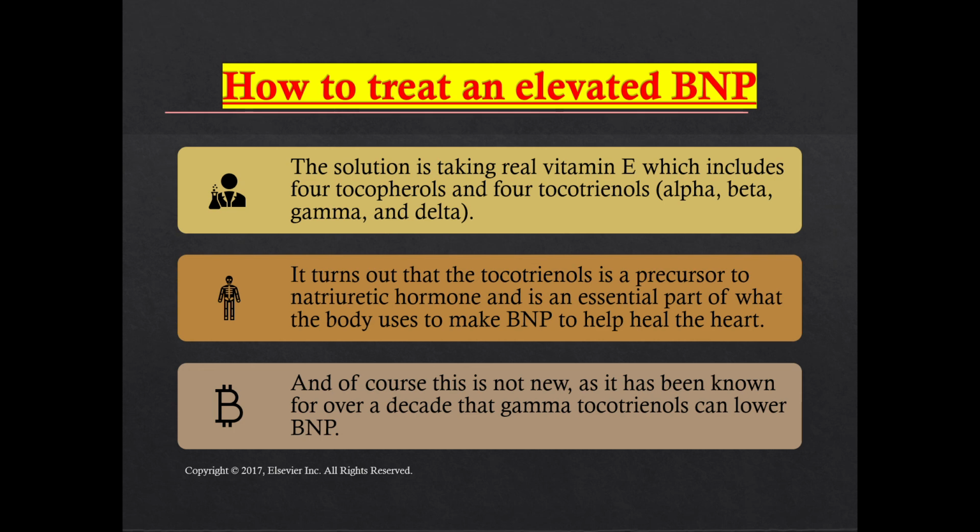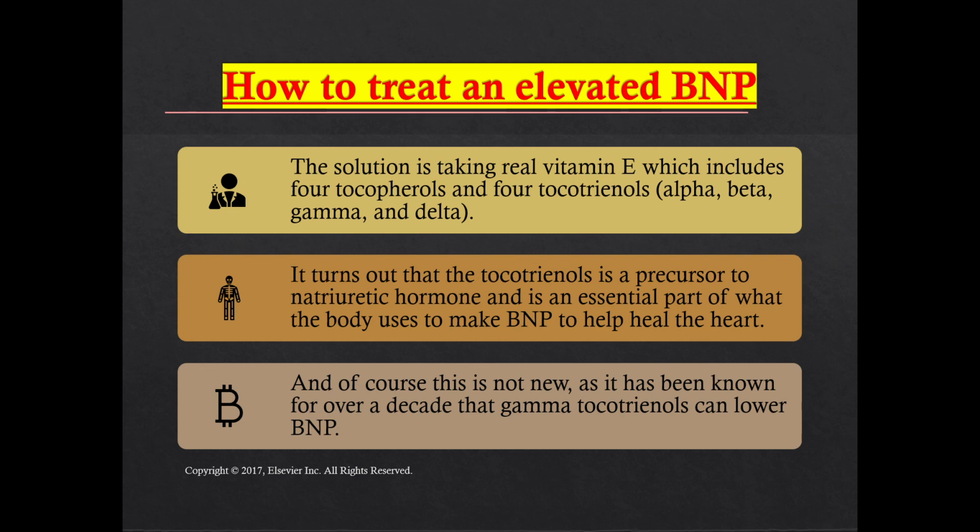So there's evidence out there that says that if we consume the 8 forms of vitamin E, the real vitamin E, the 4 tocopherols and tocotrienols, then the tocotrienols are the precursors to the natriuretic hormone, which is what BNP is in the first place. And of course, these tocotrienols are an essential part of what the body uses to make BNP in the first place to help heal the heart.